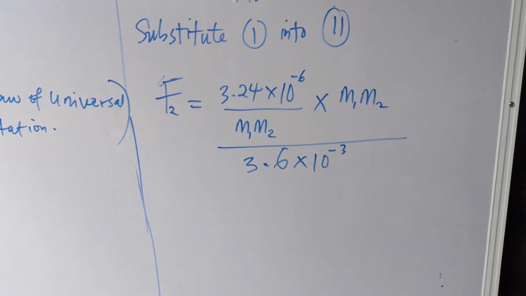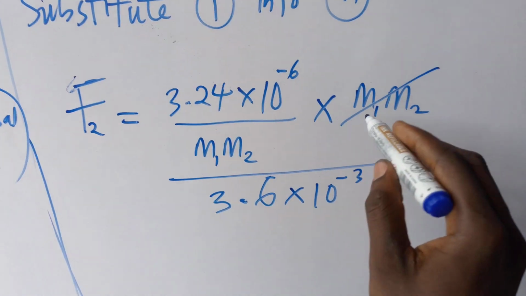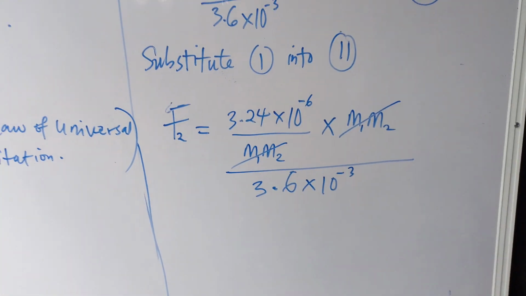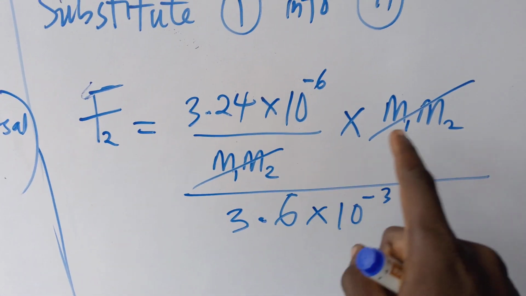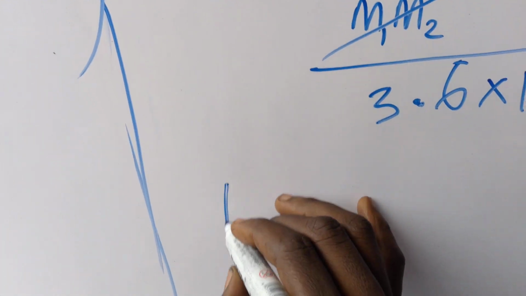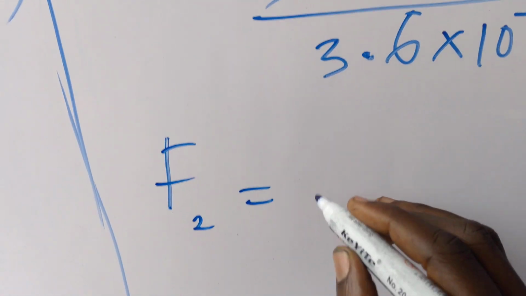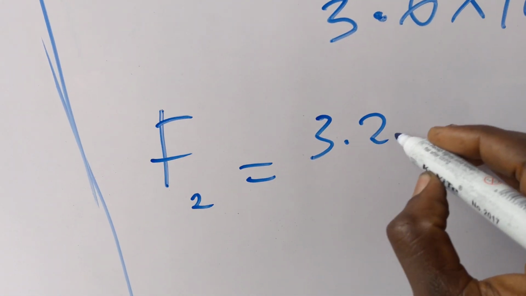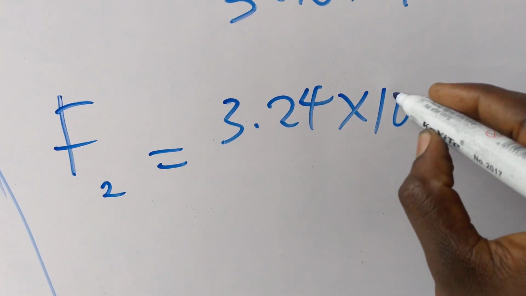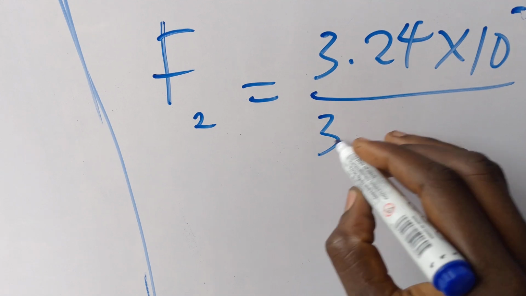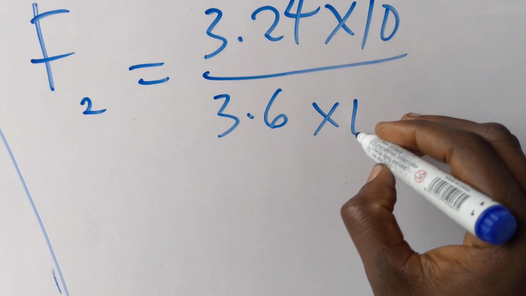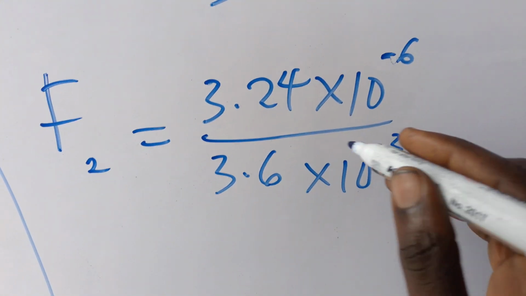Okay, so you see that this one cancels out this one. When these two eliminate, I'll have that my force F2 will be equal to 3.24 exponent minus 6 divided by 3.6 exponent minus 3.